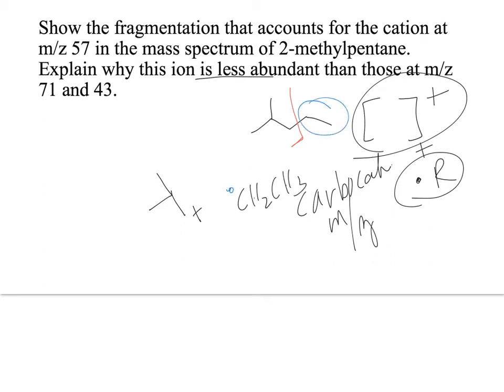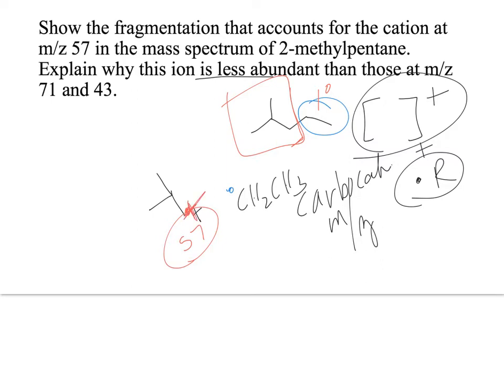So this would become your radical, and this would be your carbocation. This would be a mass to charge ratio of 57. But notice that that generates a primary carbocation right here.